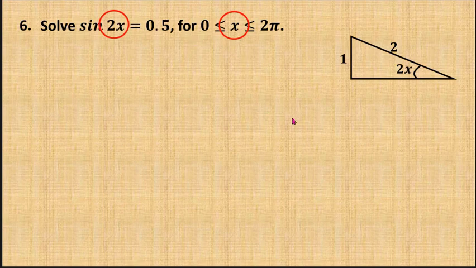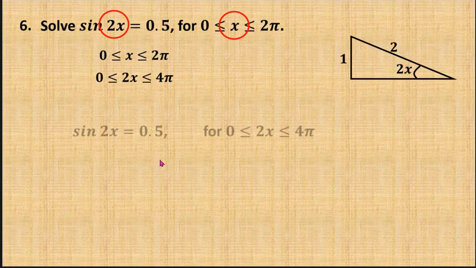Given that x is from 0 to 2 pi, since the angle is 2x, then I multiply the range of x by 2. So 0 times 2 is 0, x times 2 is 2x, 2 pi times 2 is 4 pi.